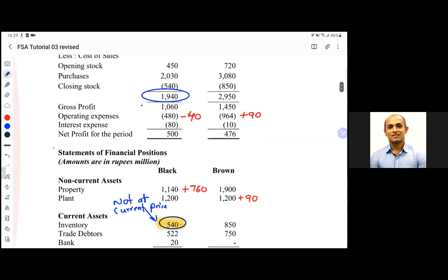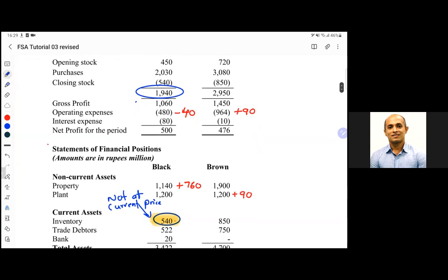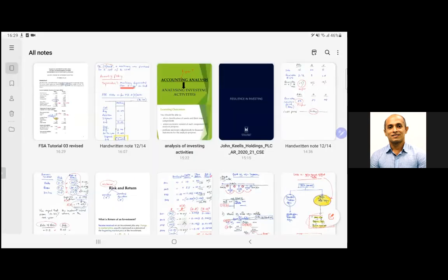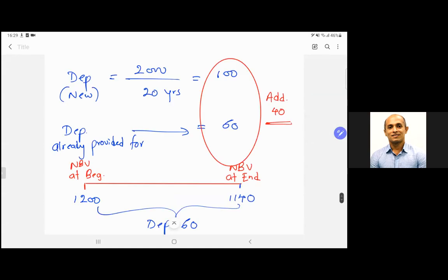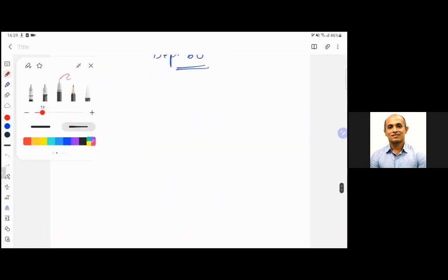Calculate inventory turnover, cost of sales divided by inventory, then 365 divided by turnover. Now calculate how many days the inventory holding period is.